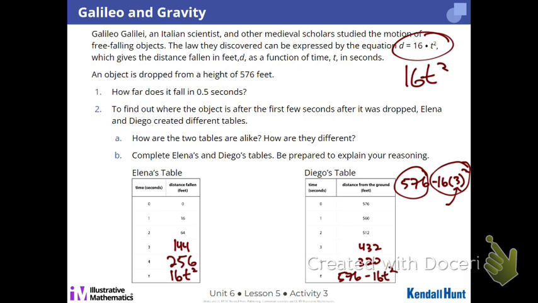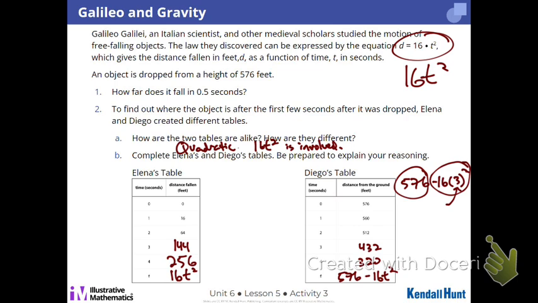So when I go look here, how are they alike? Not exponential. Quadratic. They're both quadratic, yes. What else is the same about them? Yeah, Micah? They both use the equation of gravity. So 16t squared is involved.